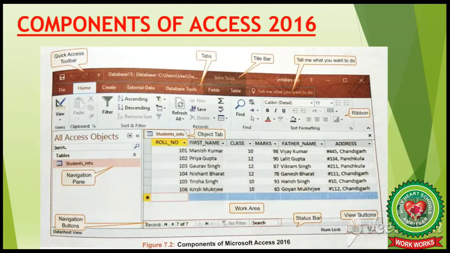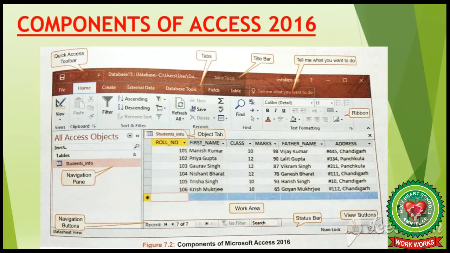Now I am going to discuss some components of Access 2016. So these are some components like quick access toolbar, title bar, tell me what you want to do, tabs, navigation pane, navigation buttons, work area, status bar, view buttons, ribbon.